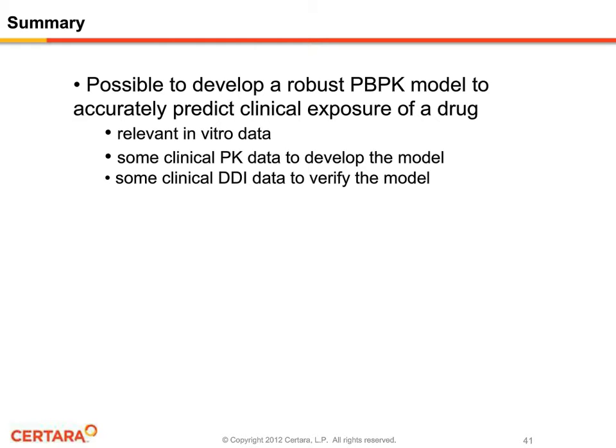So good in vitro data and some clinical PK data to help develop the model, and then importantly, some clinical DDI data to verify the model. That has been shown in each of the examples that I've shown you, and also the labeling examples. Very important: clinical data to validate or verify the model.